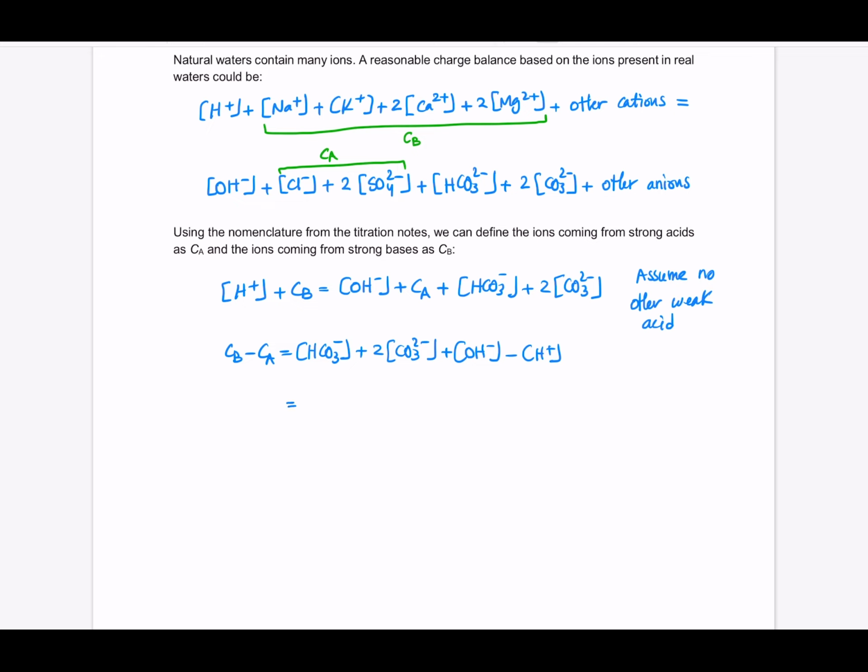So if we do that, then we can convert bicarbonate to alpha 1 times total concentration, then 2 alpha 2 times total concentration. So the total goes outside of the parentheses, plus. So we're just converting using the alpha terminology to get rid of the individual species here and correlate everything to the total concentration.